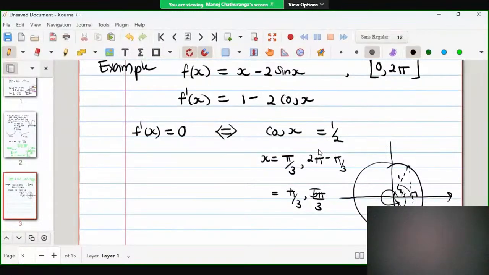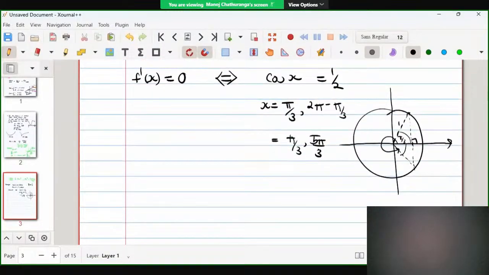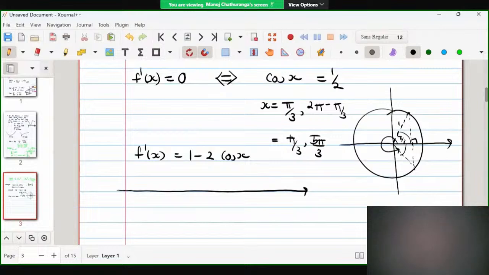Now, if you want, let's look at the domain of this function. Domain is 0, 2 pi.